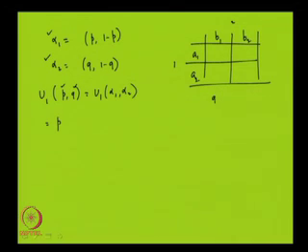This is played with Q and 1 minus Q, this is played with P and 1 minus P. Now, what is the payoff to player 1 from these mixed strategies?